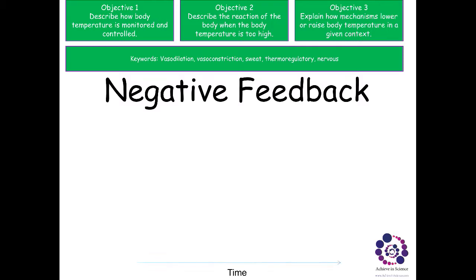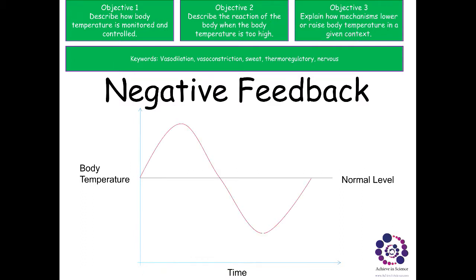Closer look at negative feedback then. If we look at this as a graph, so we look at time going across, we look at body temperature. We want our body to maintain a normal level, 37 degrees Celsius. Now our body temperature could rise and it could fall, and we can show this on a graph. So with a rise we can detect it. Our body can see an increase in blood temperature or temperature receptors on our skin.